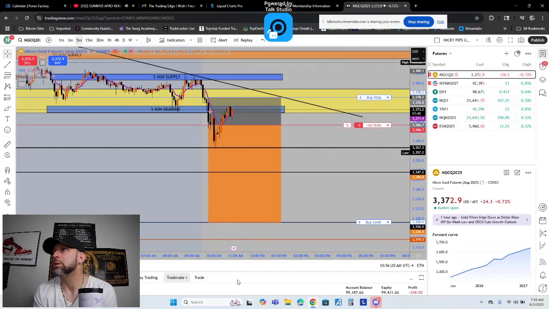So we're still waiting to see. It looks like it's bullish. We have to see if it's still in that 5-minute demand zone. We just need to reject off of it.